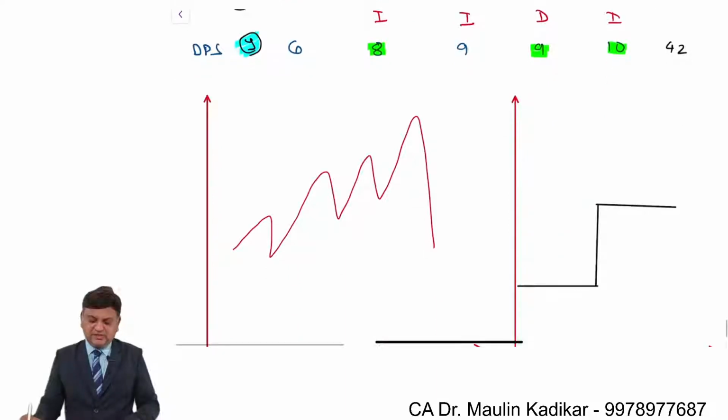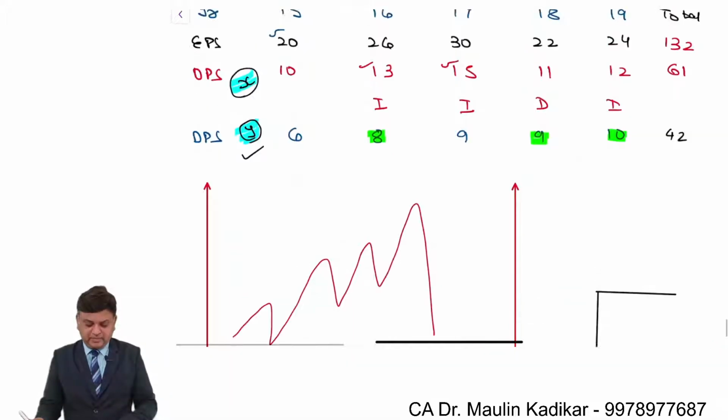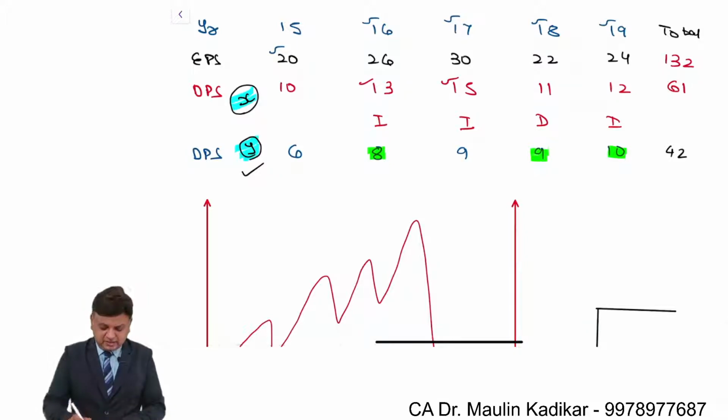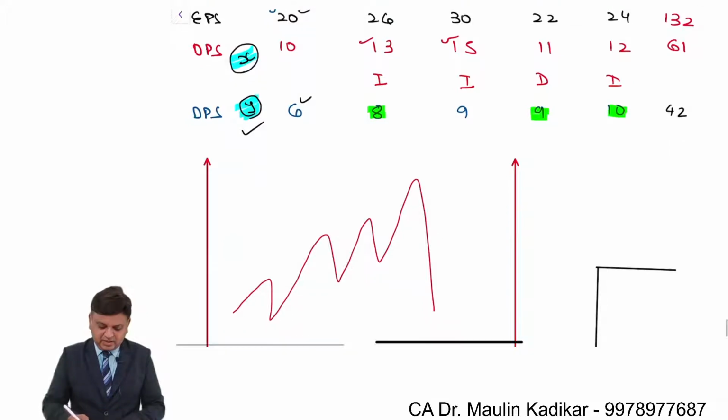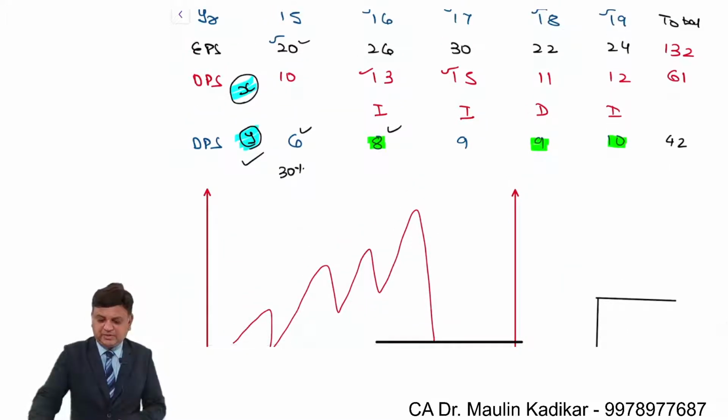Investors will give more value to a company which is able to give the dividend payment on a consistent basis. Use your calculator. 6 upon 20. 30% is the dividend payment. 8 upon 26.